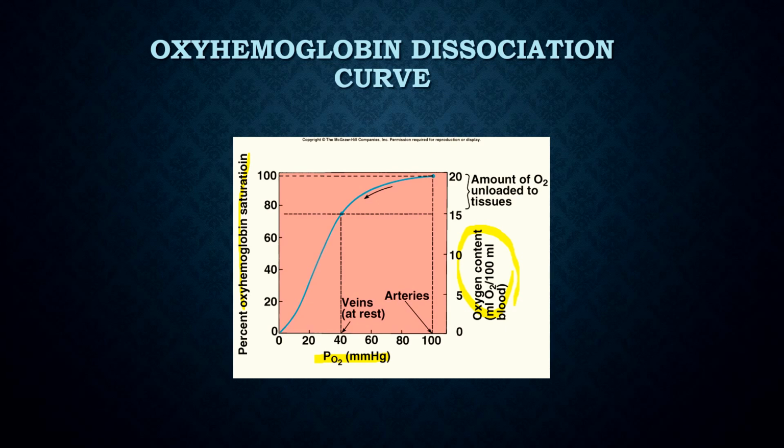And so this graph is used to predict what unloading percent will be at any given time. So with this graph, what we find is that within the arteries, we are at about 97% saturated, okay? Whereas with the systemic veins, then we go down to about 75%.